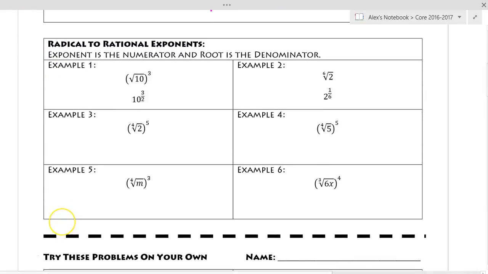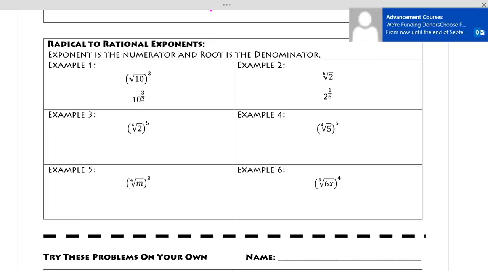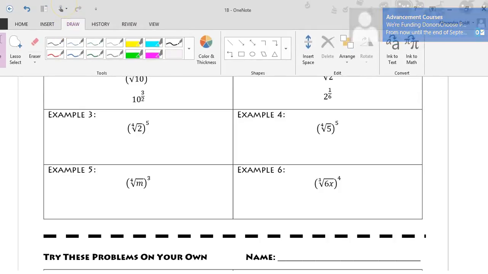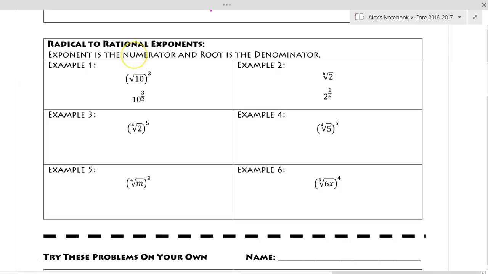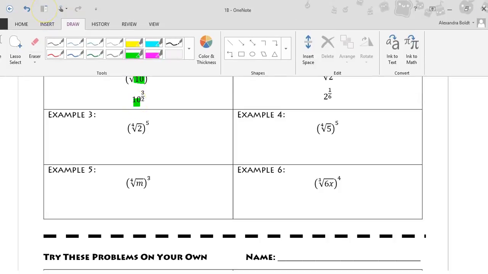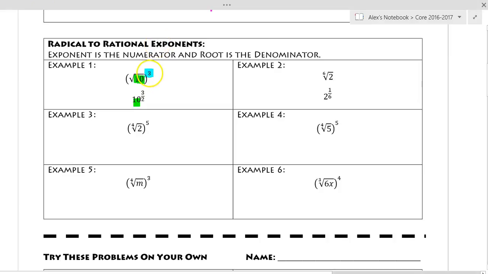All right. So radical to rational exponents, right? The exponent is the numerator, and the root is the denominator, okay? Or the index, right? It's part of the root. So here, my base is 10, so that just stays how it is. Then my exponent is the numerator, and the root is the denominator, but there's no number there.